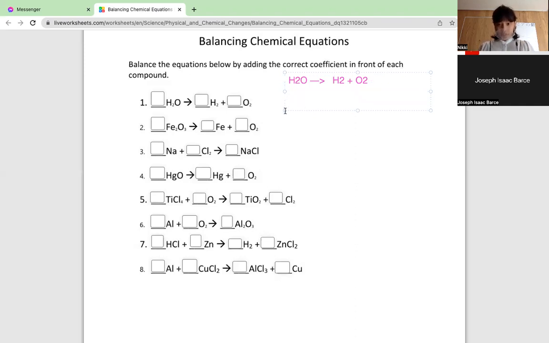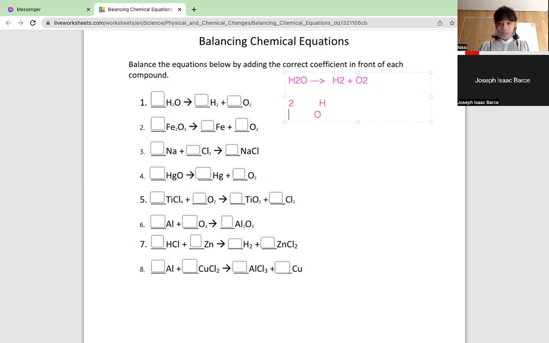So I try to write ilang H meron ako sa left-hand side. So basically, first, ano yung elements na meron ka? 'Di ba? Meron kang hydrogen and oxygen, right? So looking at this chemical equation, let's go to the left-hand side. Sa left-hand side, how many hydrogen atoms do you have? 2.